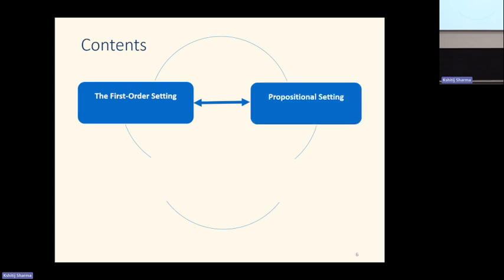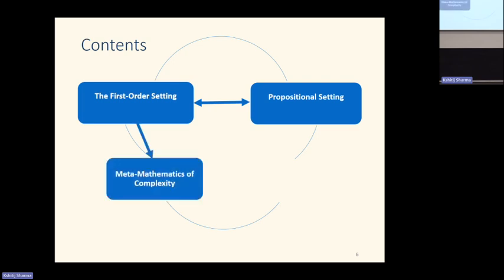And I'm going to show, or at least state, that there is a correspondence between these first order formal systems and the propositional setting. The propositional setting is just the setup of propositional logic that most people learn in the first year. There are no quantifiers. And I'm going to show you some correspondence between these.